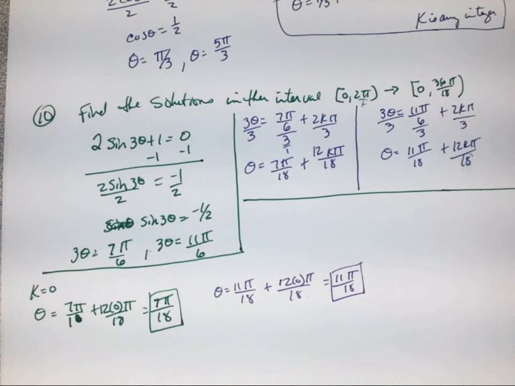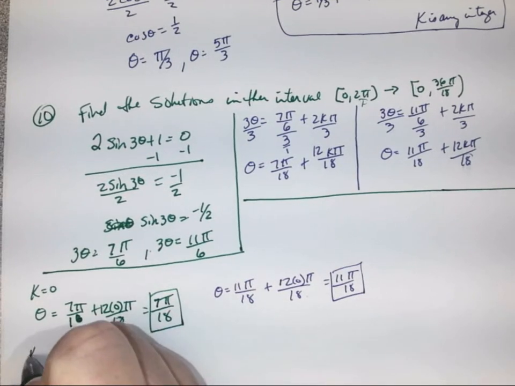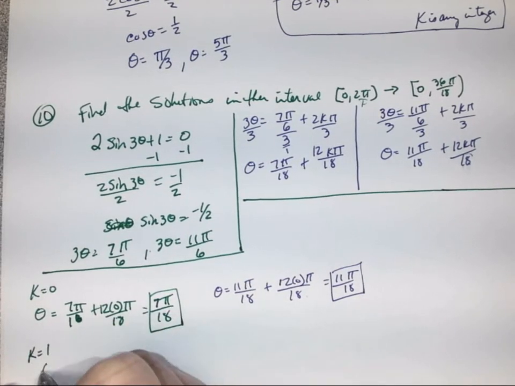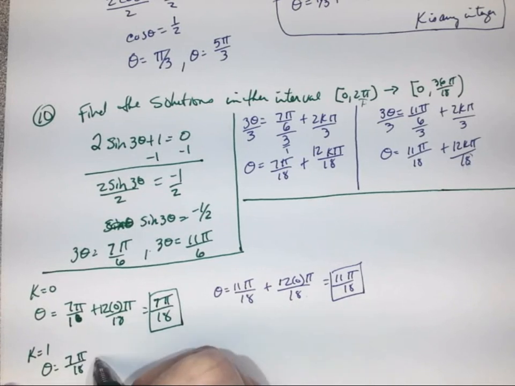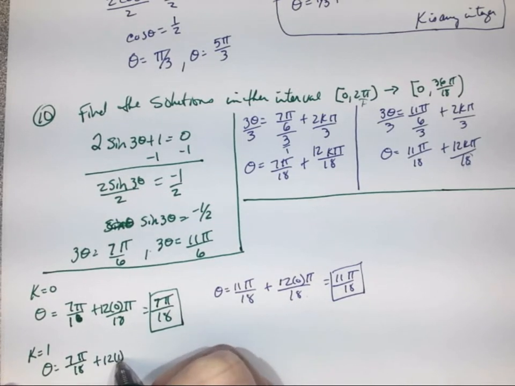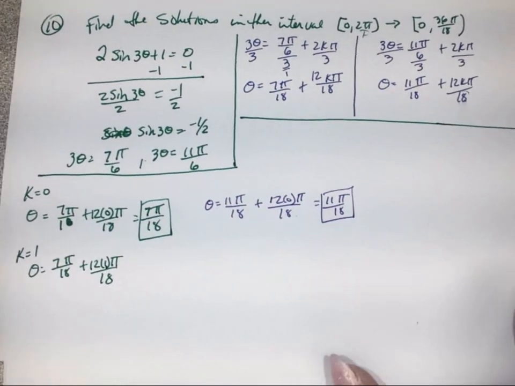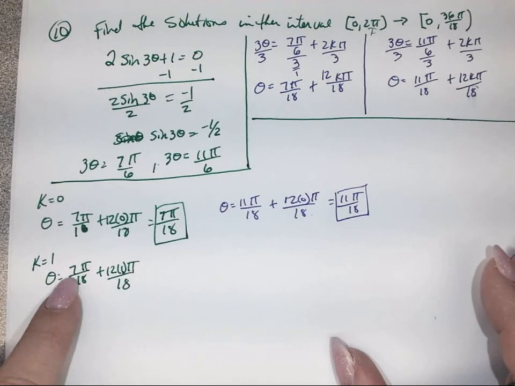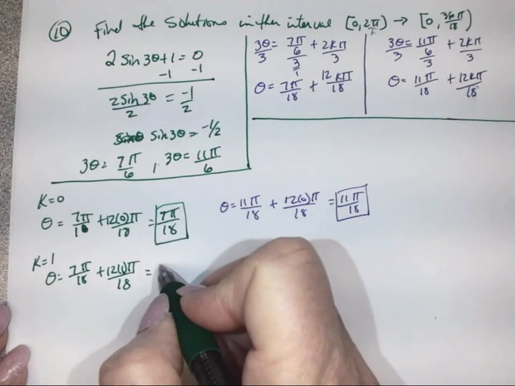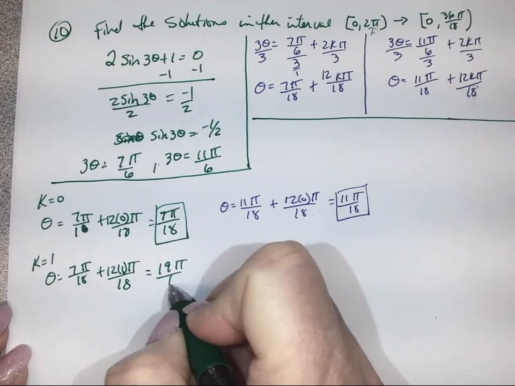All right, let's go do k is equal to 1. So theta is equal to 7 pi over 18 plus 12 times 1 pi over 18. Well, 12 times 1 is just going to be a 12. So 7 plus 12 will get us 19 pi over 18.